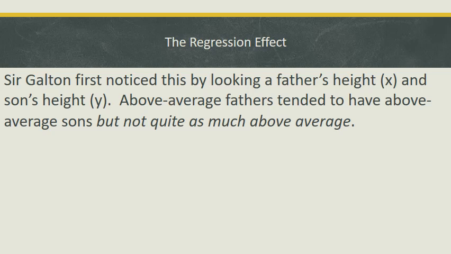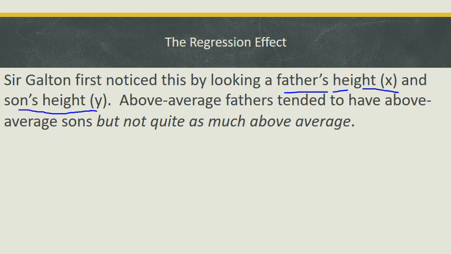But when Galton collected his famous data set, he noticed something odd that he called the regression effect. Galton's data set was an attempt to understand how a father's height would affect his son's height. So Galton had father's height as the x variable and son's height as the y variable.